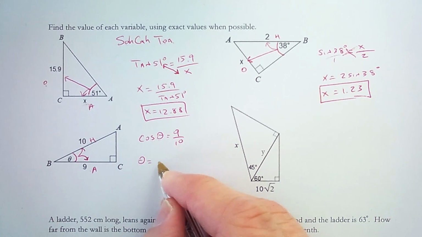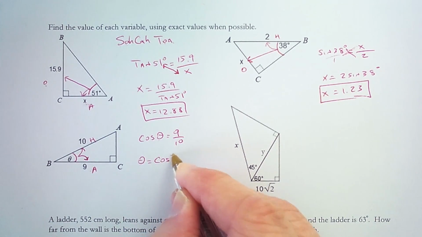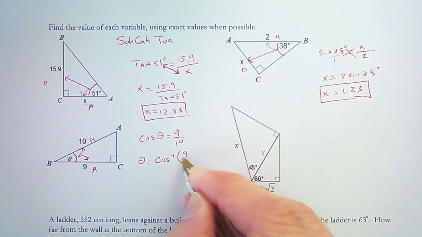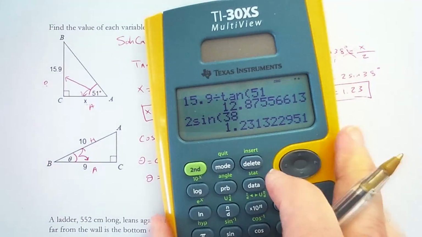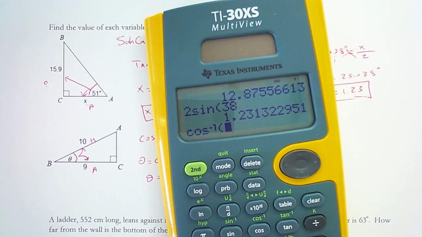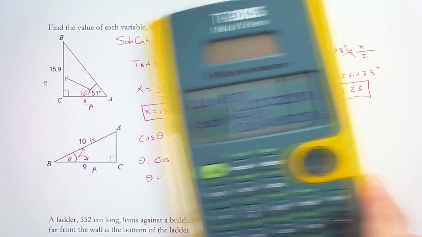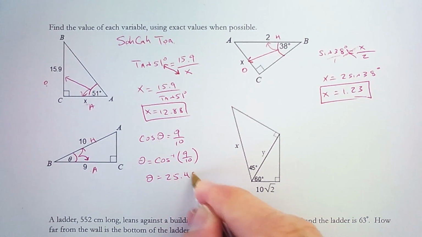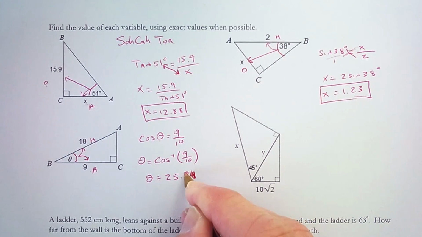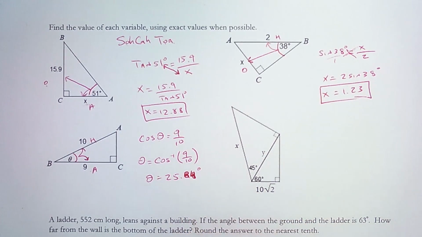So theta equals inverse cosine, 9 over 10. Second, for inverse cosine, 9 over 10 is 25.84. So theta is 25.84. And because this is an angle measure, I want degrees.